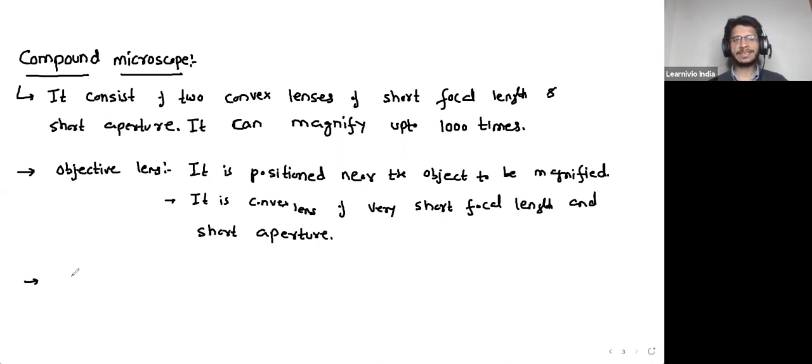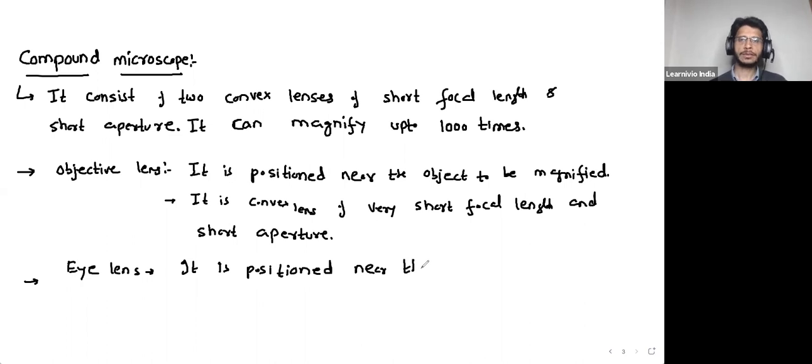After the objective lens, the next lens that you have is known as the eye lens. It is positioned near the eye to view the image.